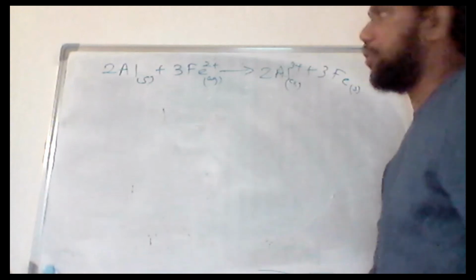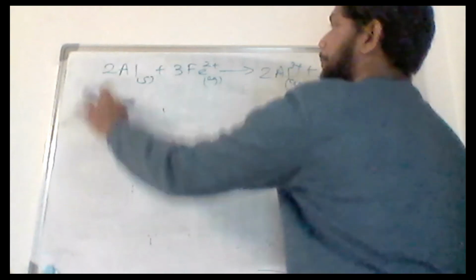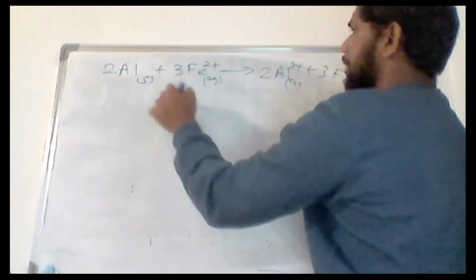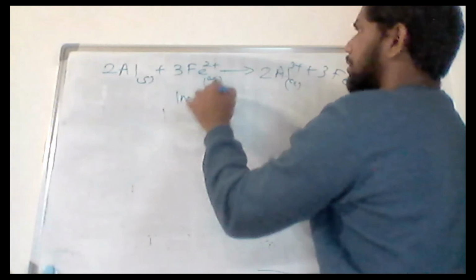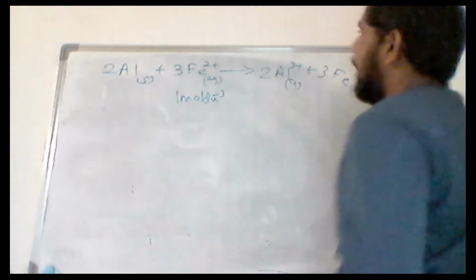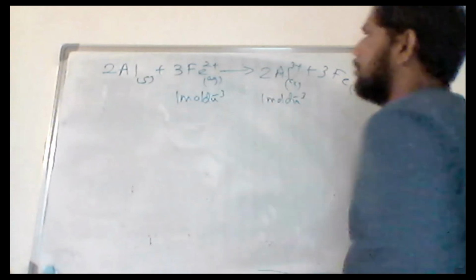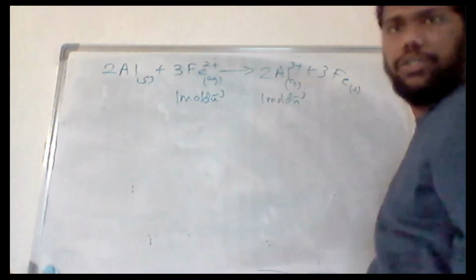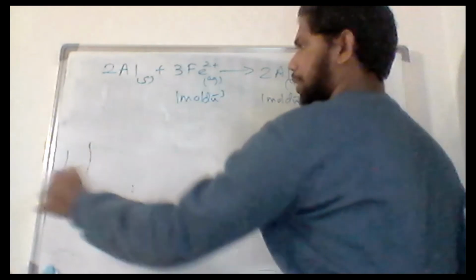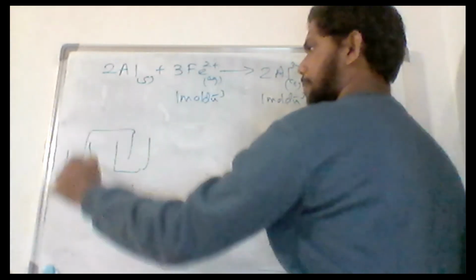Okay, so the question says, initially we use, where is it? Yes, this one. 1 mol dm^-3 of this, and 1 mol dm^-3 of this. Because the solution that we have in our electrochemical cell is this.